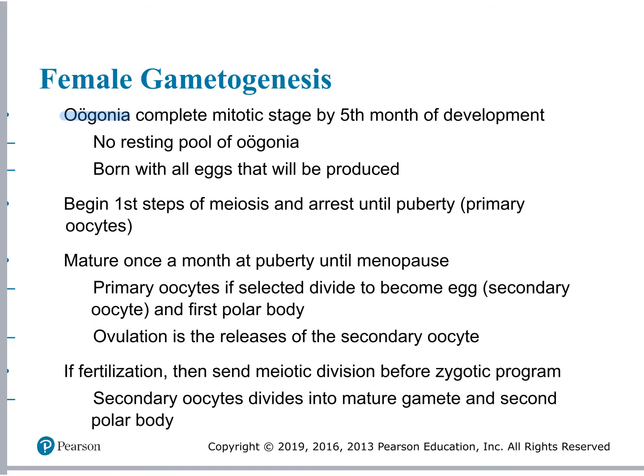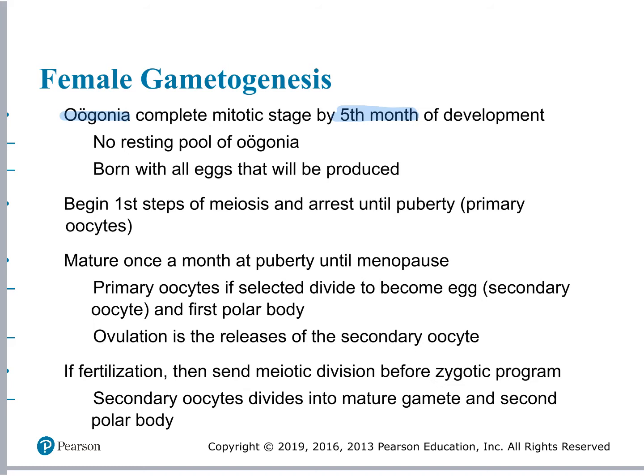By the time they are 5 months along in utero, before birth, they have made the maximum number of oogonia cells they're going to have, about 2 million per ovary. At birth, half of them will have already degenerated, so by birth they only have 1 million egg cells.